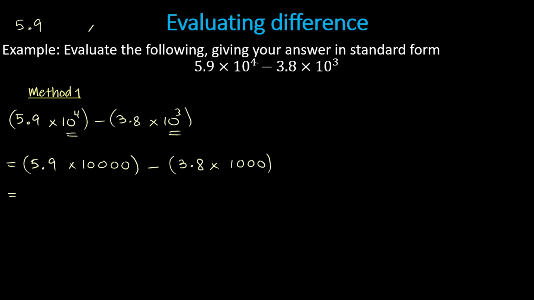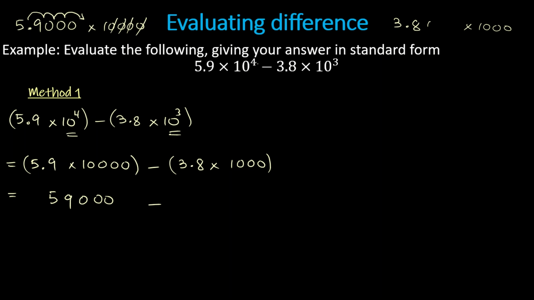5.9 times 10,000, right? Let me include some zeros, then I will move the decimal 1, 2, 3, 4 by 4 decimal places. So this is simply 59,000 minus 3.8 times 1000.